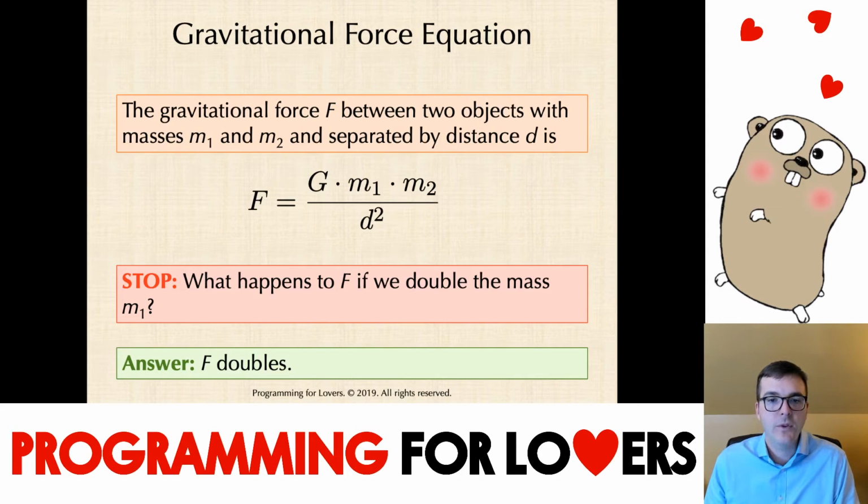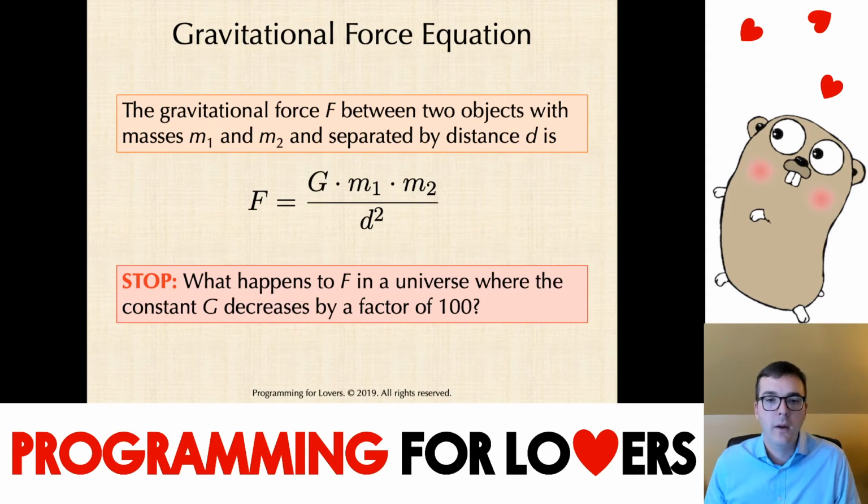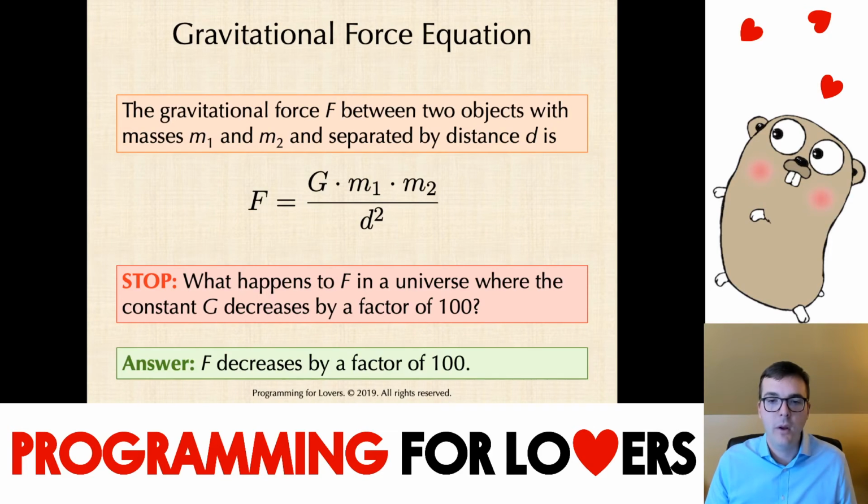What would happen if we were suddenly transported to a universe where this gravitational constant g went down by a factor of 100? What would happen then? And here we would see, well, if g went down by a factor of 100, it would be multiplied by 1 over 100, and so the resulting value of f would also decrease by a factor of 100.